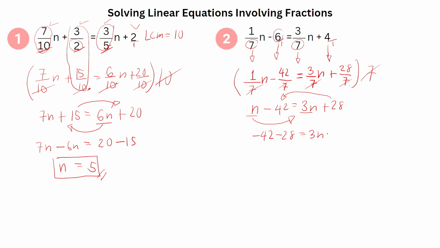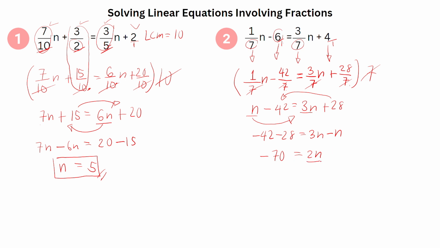Now, however, we still have the n. What will happen to n if we transpose it from left to right? It will become negative n. Let's continue. Negative 42 minus 28, all in all, that's negative 70 equals 2n, right? Because 3n minus n is 2n.